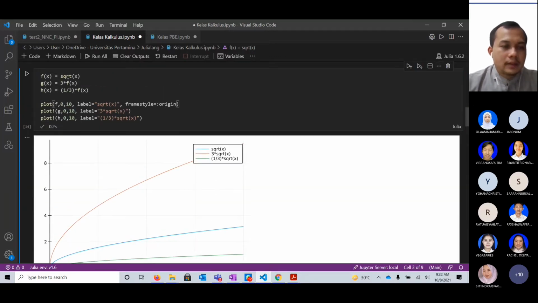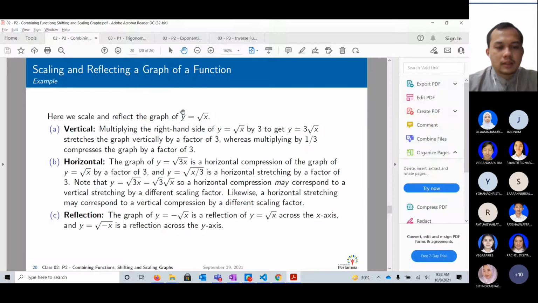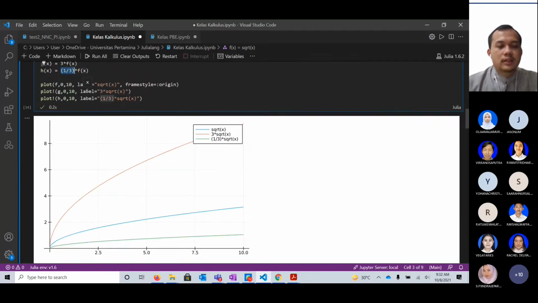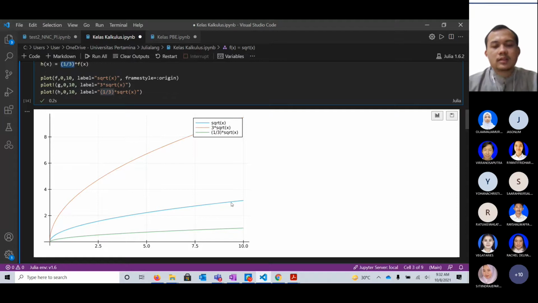So we have f of x is square root of x from this example. And we have g of x is 3 times f of x, and h of x is 1/3 of f of x. We can see here square root of x is the blue one, and 3 times square root of x is the red one. 1/3 of square root of x is the green one.